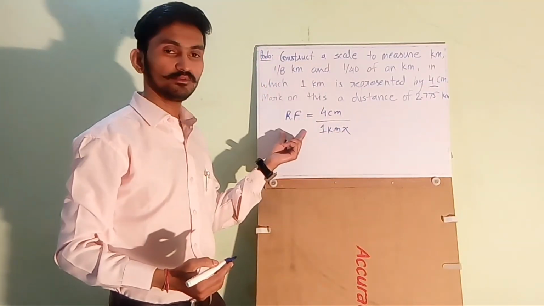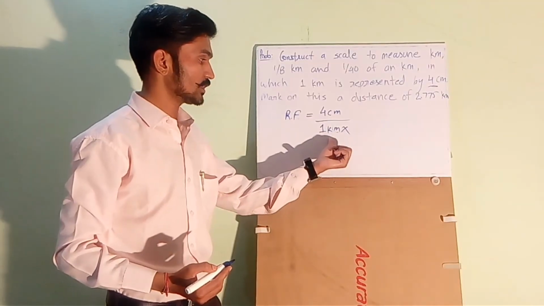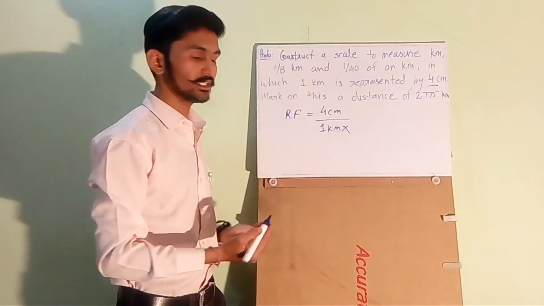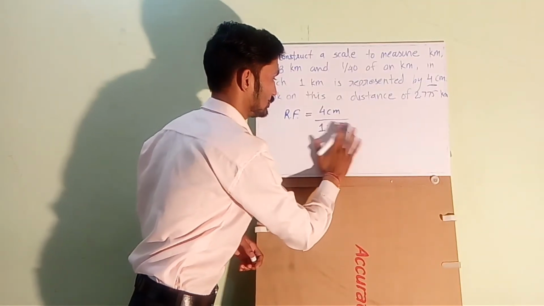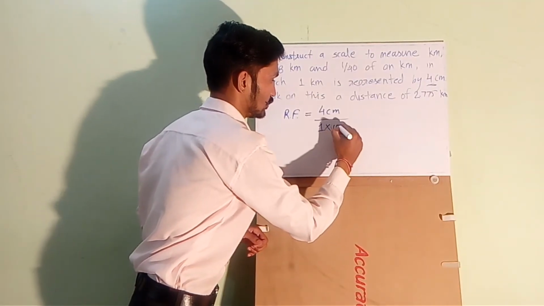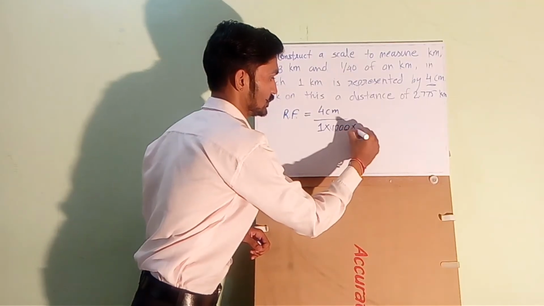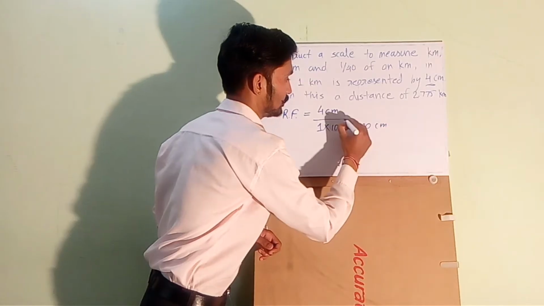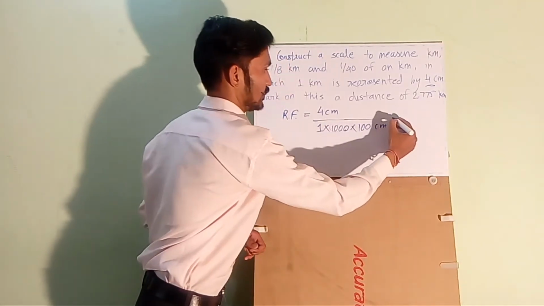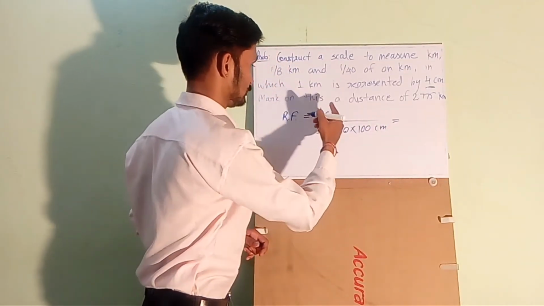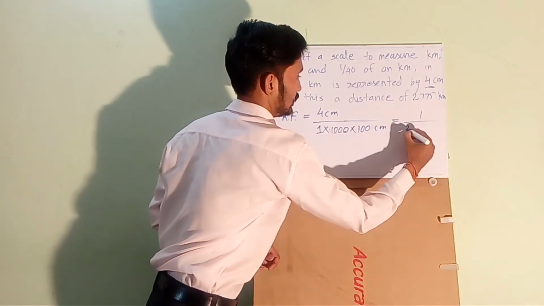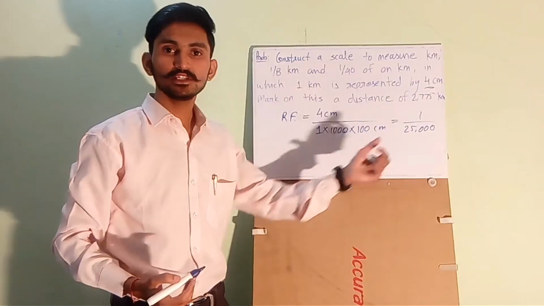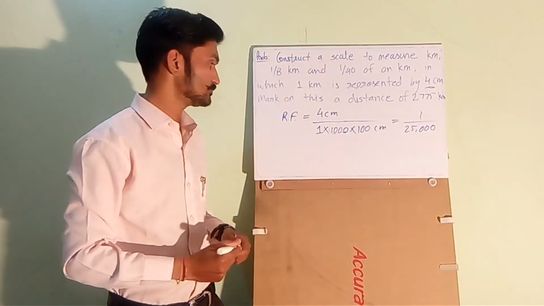But we have to convert the kilometer into centimeter because the upper unit is centimeters. So 1 kilometer is equal to 1000 meters and 1 meter is equal to 100 centimeters. Now both of them are in centimeter, and it will be 1 by 25,000. So the RF is 1 by 25,000.